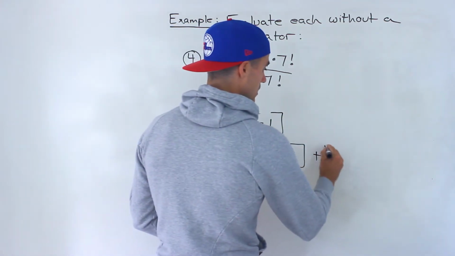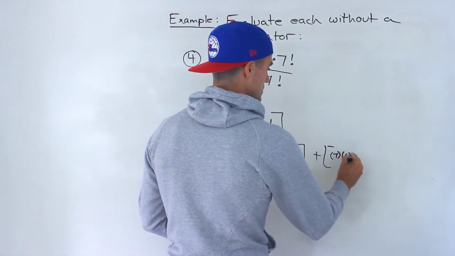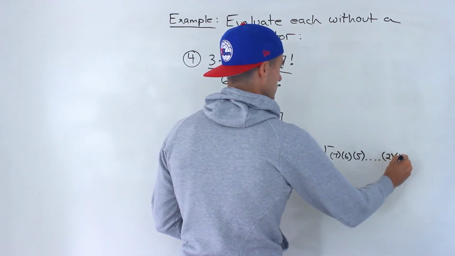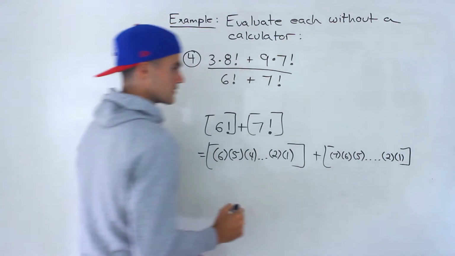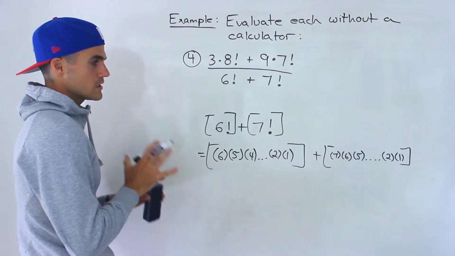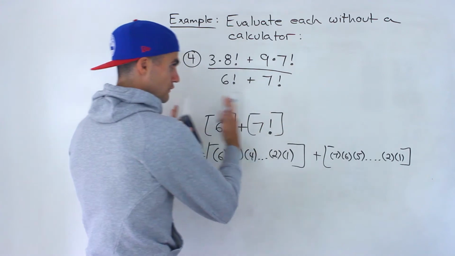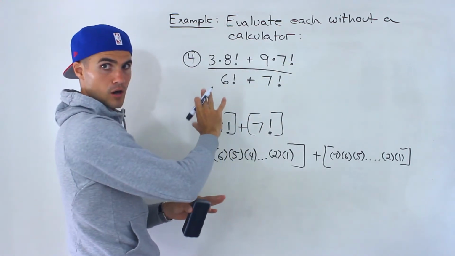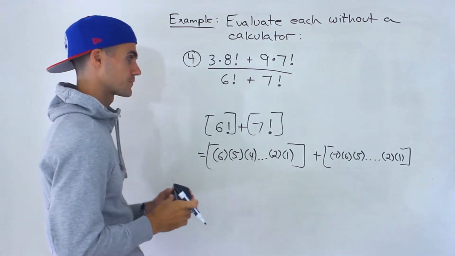So that's going to be 7 times 6 times 5 dot dot dot times 2 times 1, like that. So what we can do here, if we were to factor this, we're going to have to factor the numerator and the denominator for stuff to simplify.